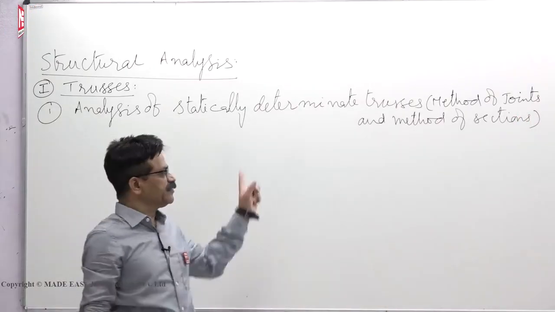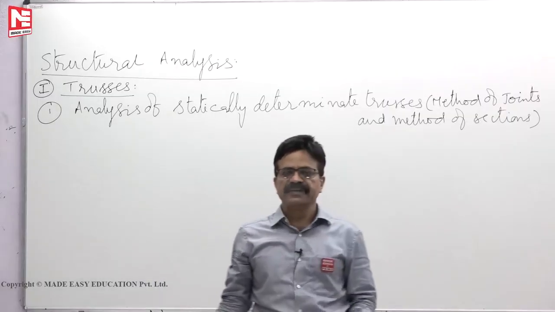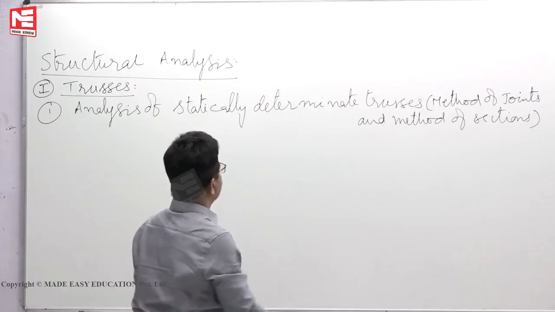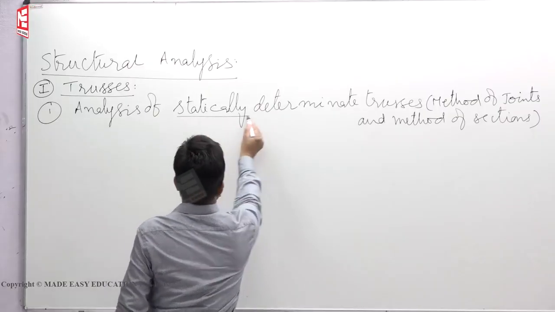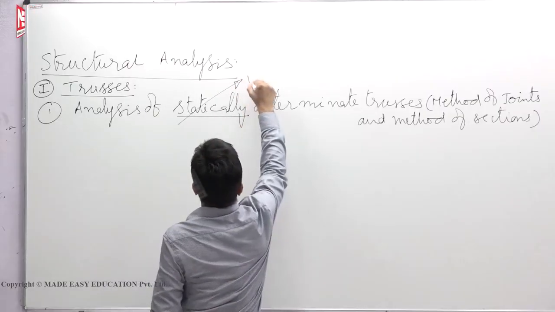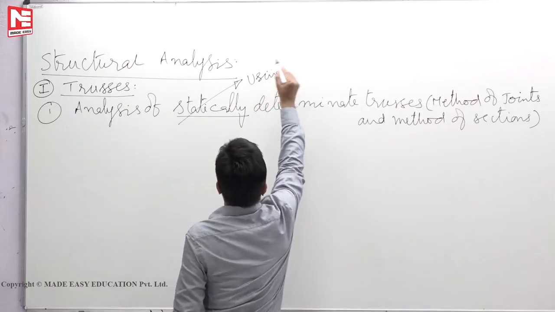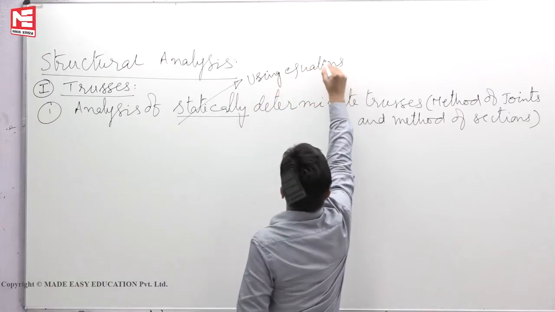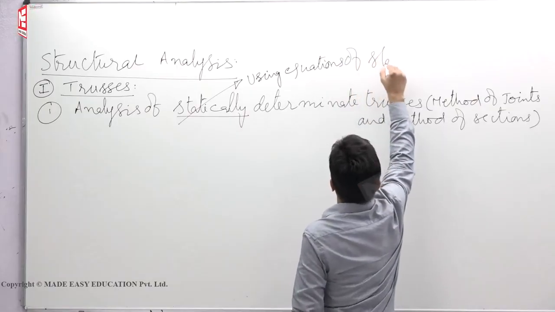Some of you have studied in first year engineering mechanics itself, analysis of trusses, where you have used method of joints and method of sections. Statically means using equations of statics.